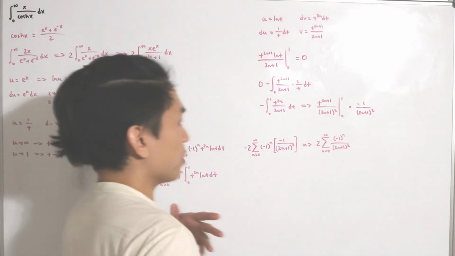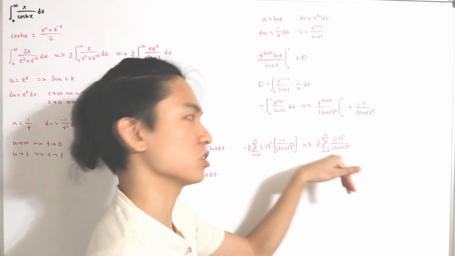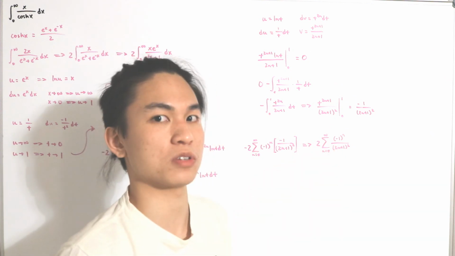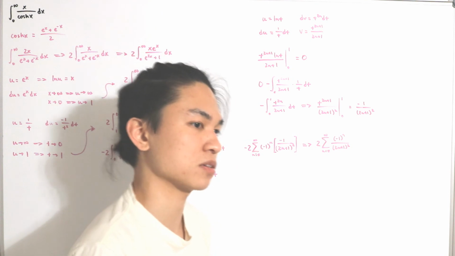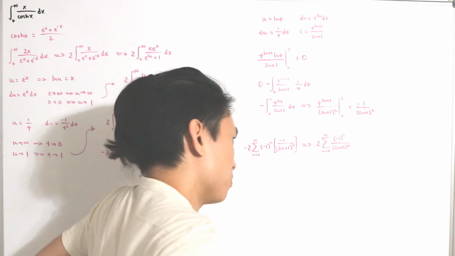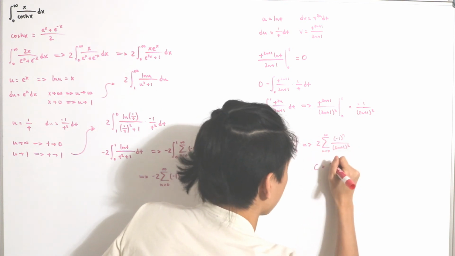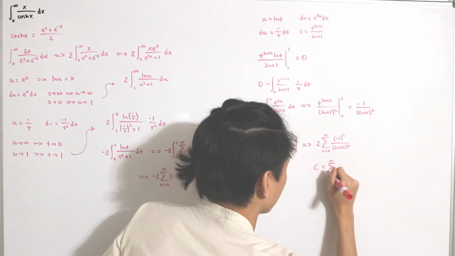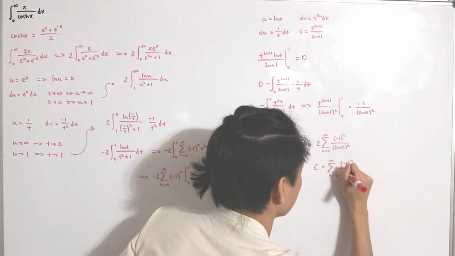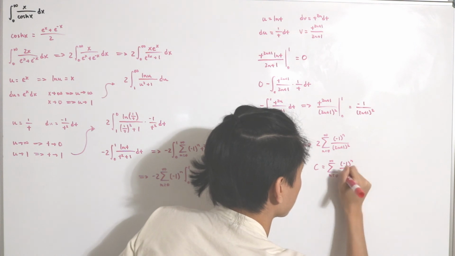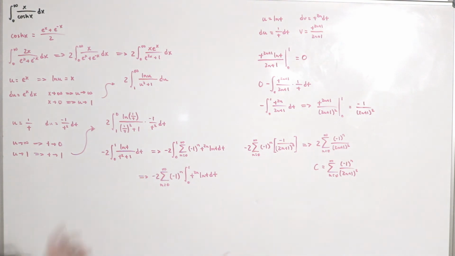That's all we can do, but notice that this series is actually Catalan's constant, which we used when I computed the integral of the natural log of sine of x way back. So I'm going to let c equal this Catalan's constant, the summation of (-1)^n over (2n plus 1) squared.